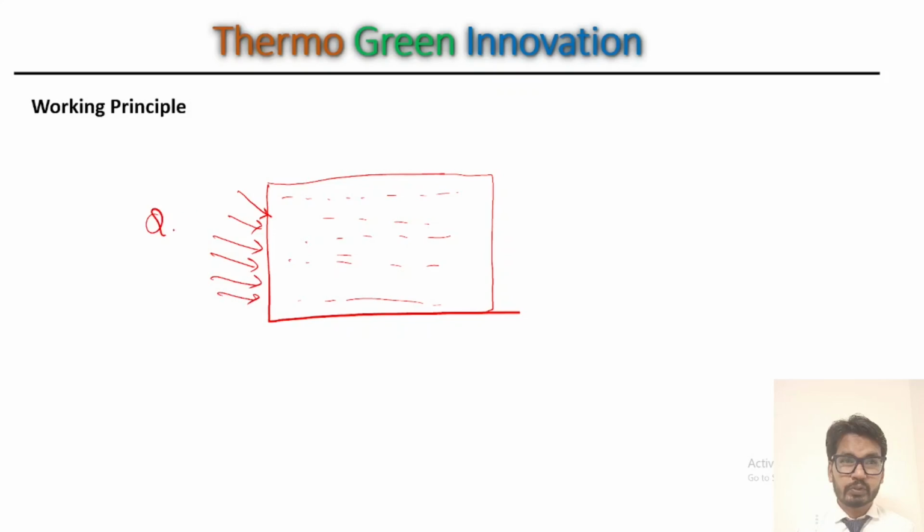So in the form of heat, flux is coming, and the media may face temperature rise.